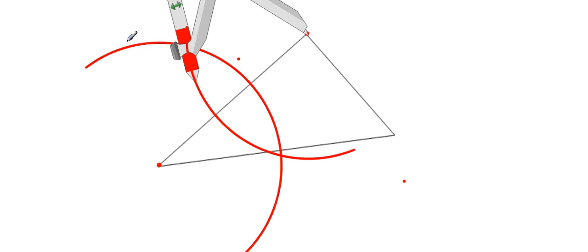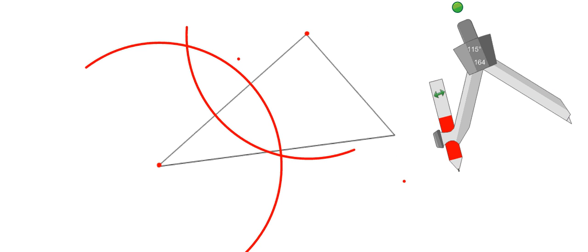So there's my perpendicular bisector of the left side of that triangle. Or I should say the perpendicular bisector will be in there as soon as I get my straight edge out and draw it in. I'm going to draw a nice big perpendicular bisector. I'm going to extend it a little bit.